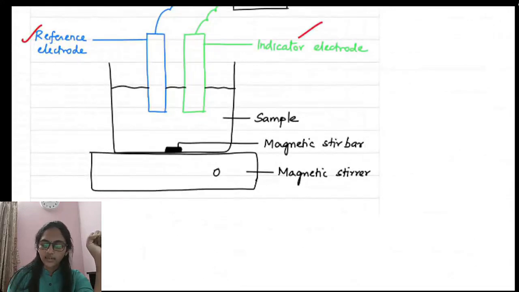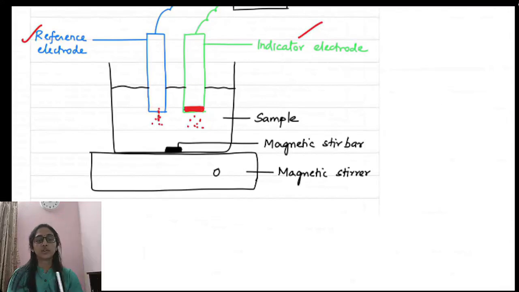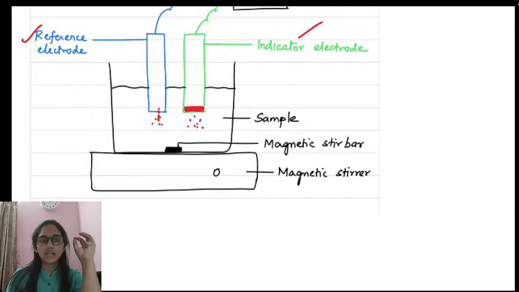Only the indicator electrode will have a membrane, and this membrane will specifically act with the analyte of interest. But some amount of analyte or anything present in the sample, the proteins or any other ions, if they come in contact with the reference electrode membrane and bring about some membrane potential change, that is what is called the liquid junction potential.